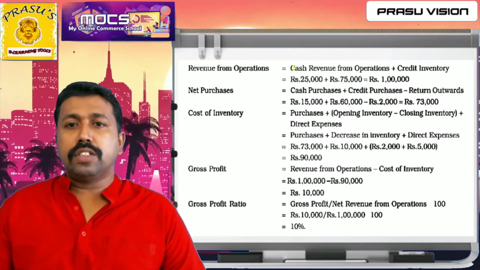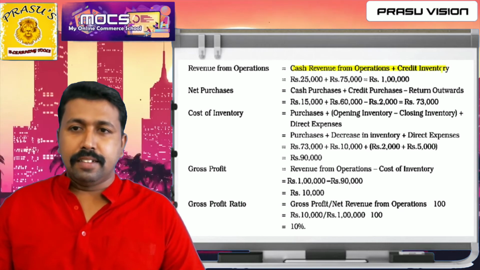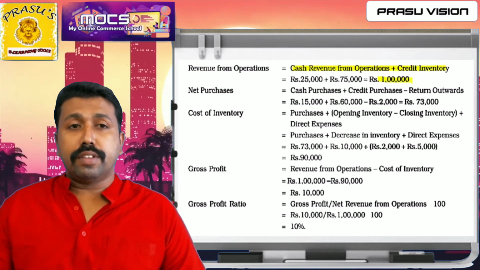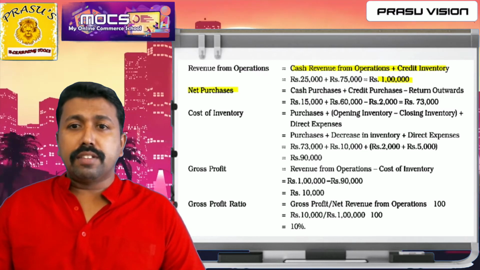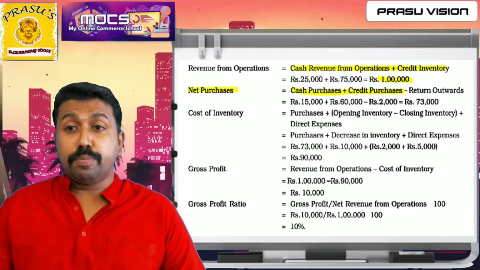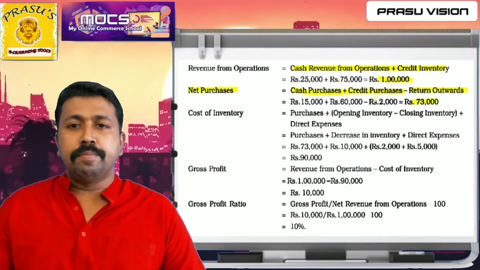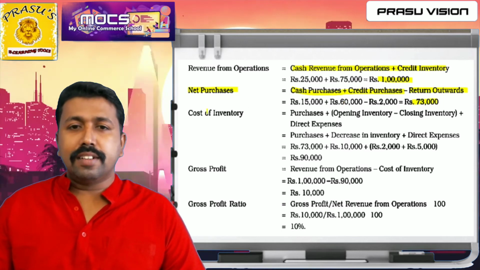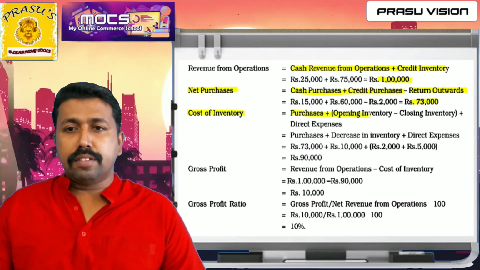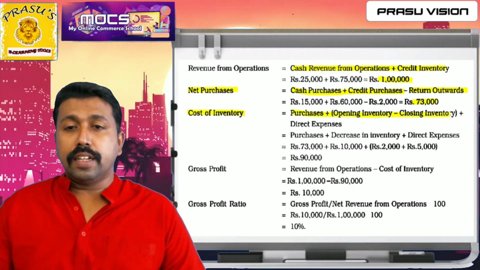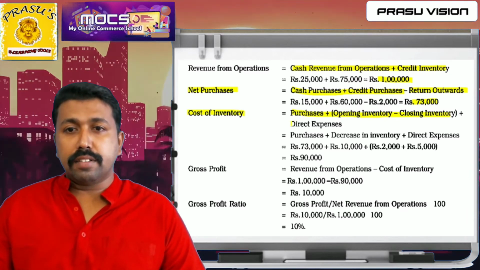So revenue from operation is the total of cash revenue from operation plus credit revenue from operation. So 25,000 plus 75,000, we will get 1 lakh. And what is the amount of net purchase? Cash purchase plus credit purchase minus the return outward, 73,000 we are getting. Let us wait patiently. Cost of inventory is purchase plus opening inventory minus closing inventory, that is change in inventory, plus direct expenses.